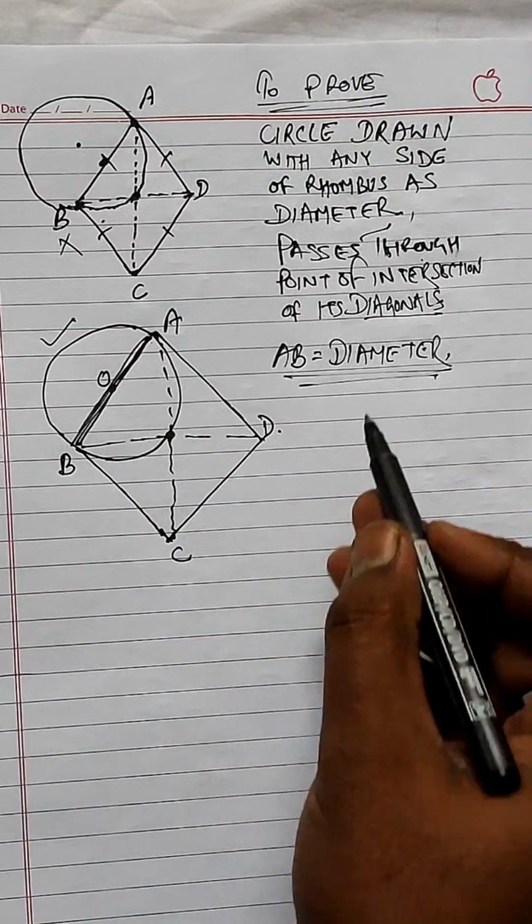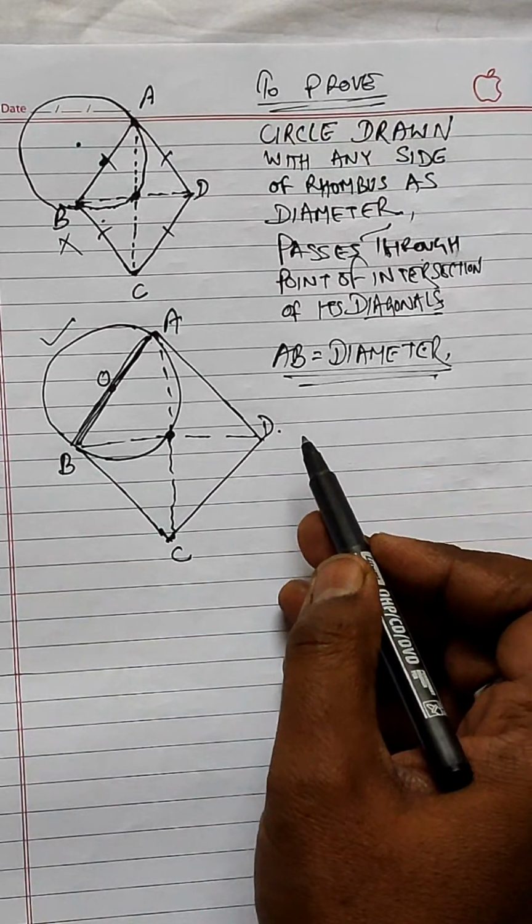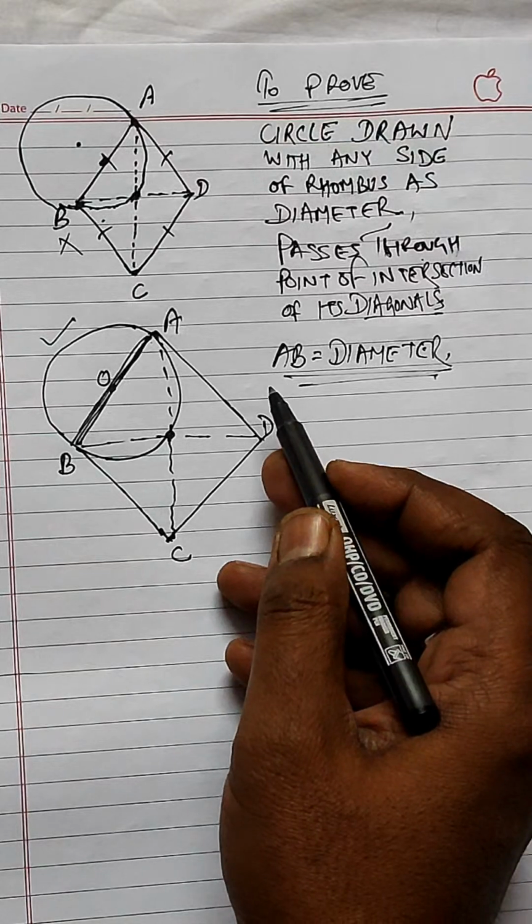Now what we need to prove is that the circle drawn passes through E. So let us do one thing.